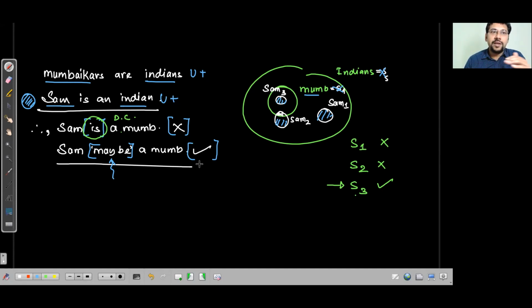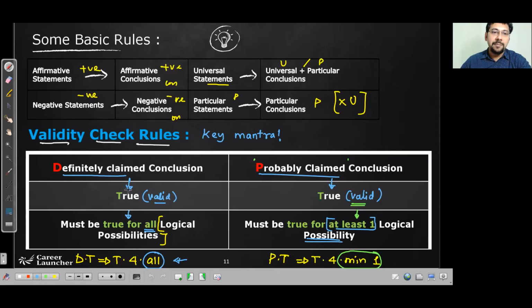But rest assured, we just have to draw logical possibilities and consider the essential possibilities that can arise. Once we thoroughly practice, this becomes very, very easy. However, the mantra is not going to change. So just remember this, because I'm going to use it continuously during my solving as well as my theoretical classes. So please keep this in mind.